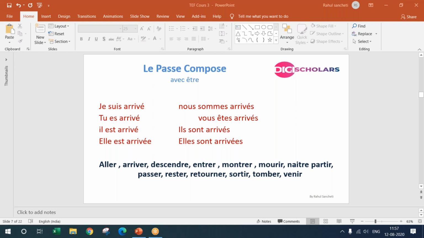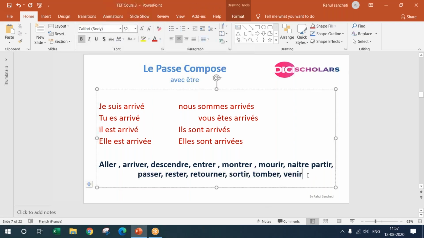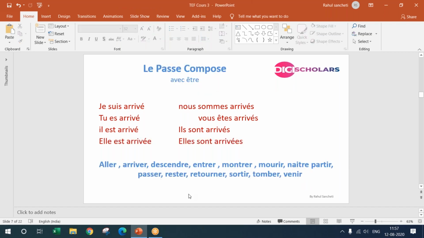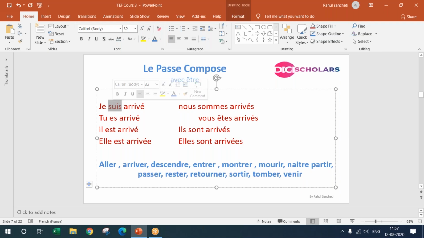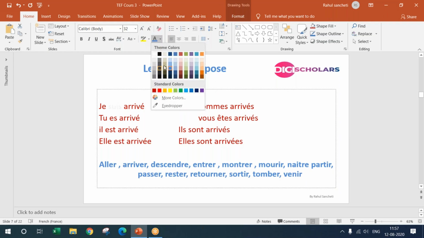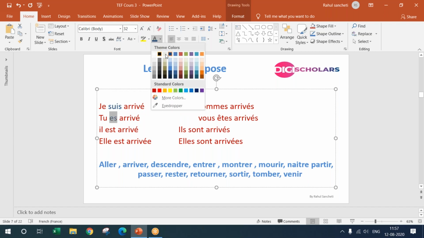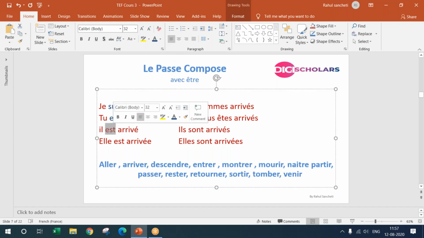So remember, for all of the reflexive verbs and these 14 verbs, when you conjugate a sentence in past tense, what conjugation is this? Can anyone tell me?